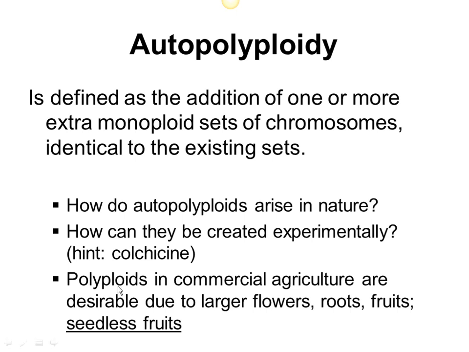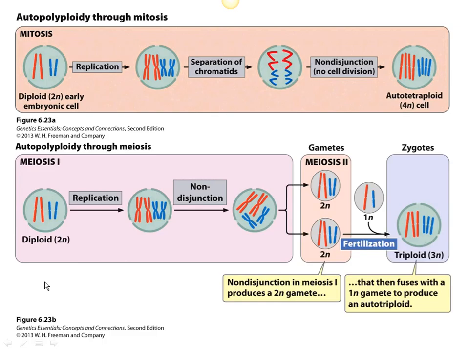And I already mentioned that in agriculture, polyploids are desirable because they make bigger flowers, they have bigger roots, bigger fruits. And odd ploidies, because they can't make gametes, will form seedless fruits, which are very desirable among crops that are sold in the grocery store, for example.